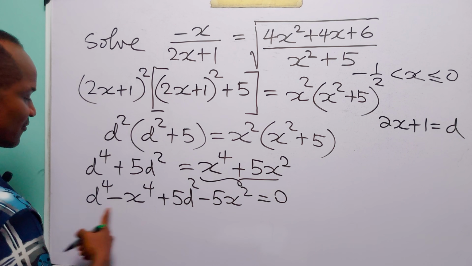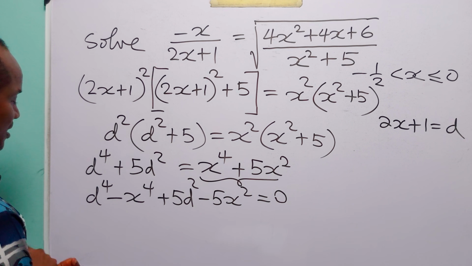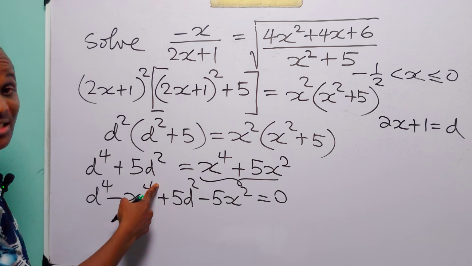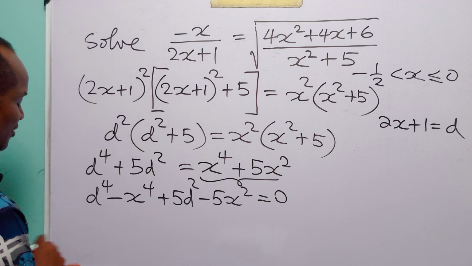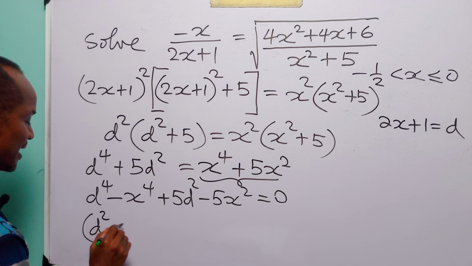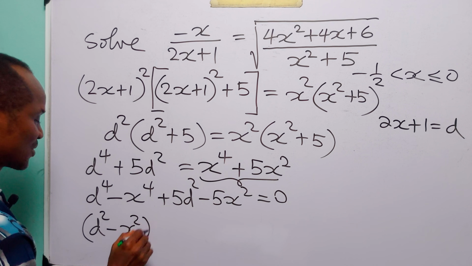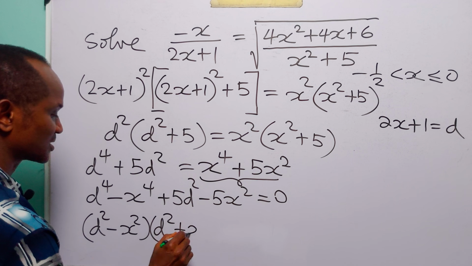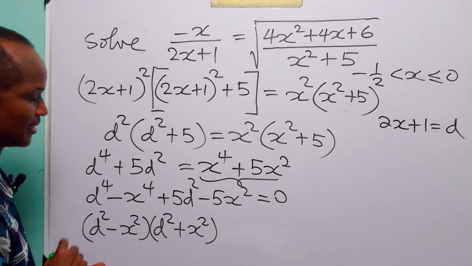Now, let us try and factorize this left-hand side. Notice that here we have the difference of two squares. We can factorize this as d squared minus x squared multiplied by d squared plus x squared.